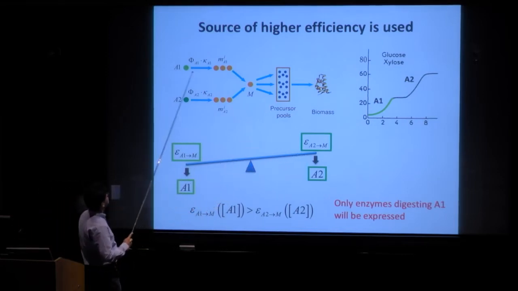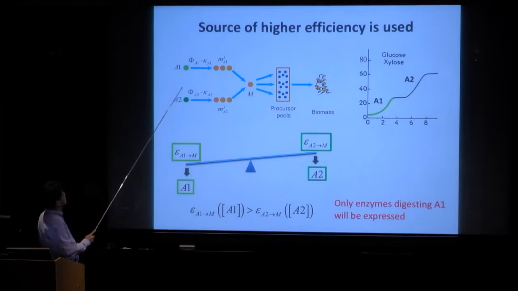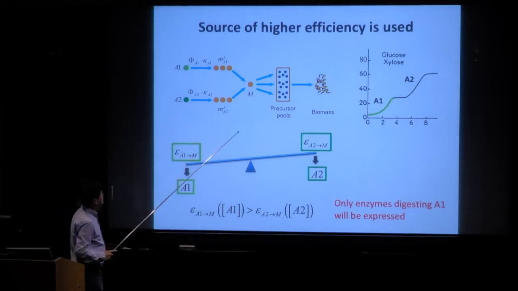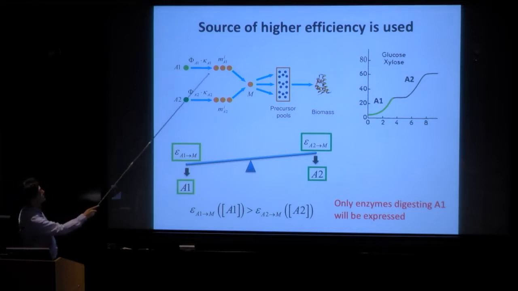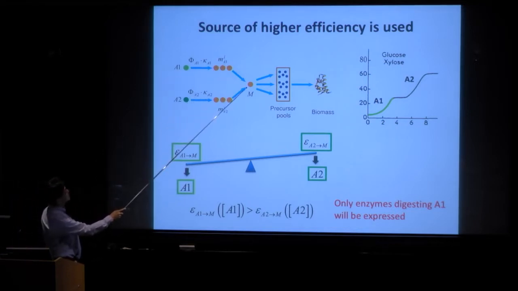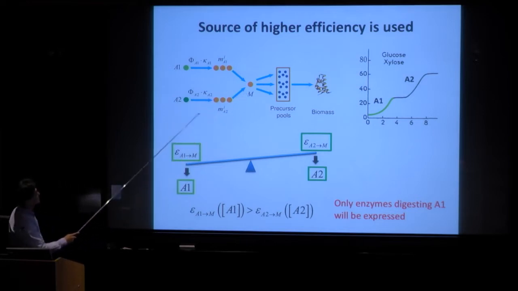We presented them with two carbon sources, maybe glucose and lactose, and then they will eat the carbon source with high efficiency first. For example, this is glucose, and you can use less enzyme resource to digest. They will eat this one first and not express any enzyme here.